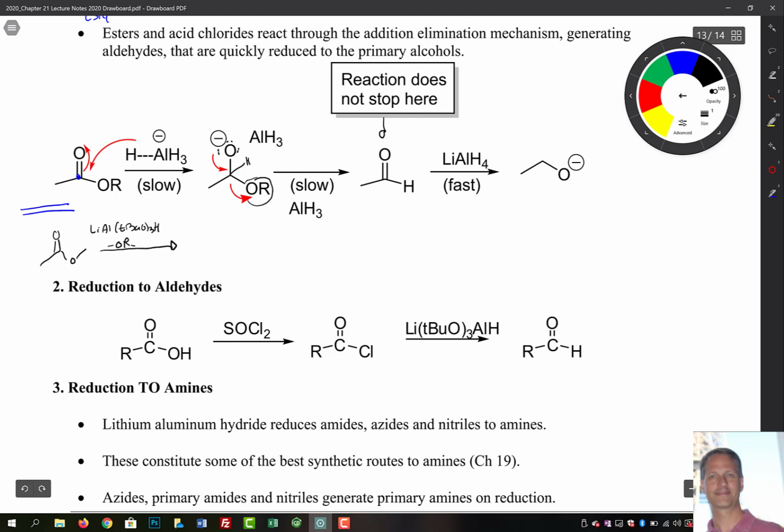Or we can add DIBAL-H. In that case, these both take the reaction to form the aldehyde. So just make a note here that the reaction stops here. Okay?